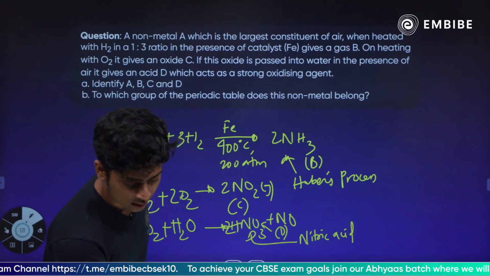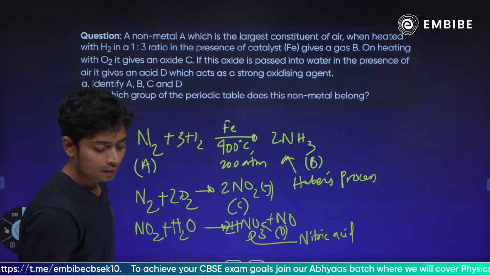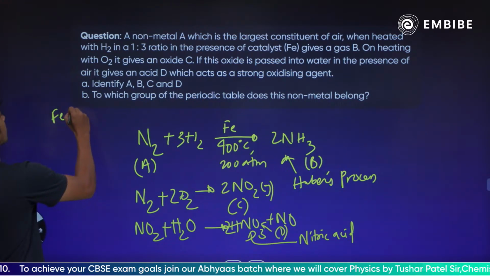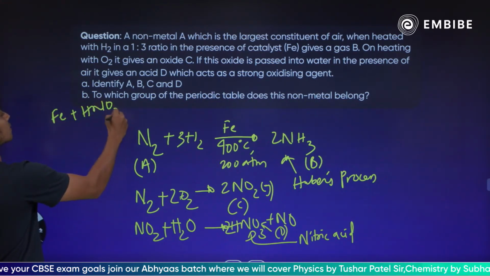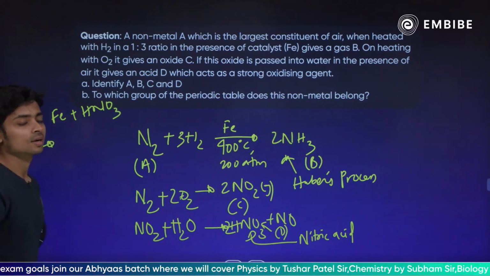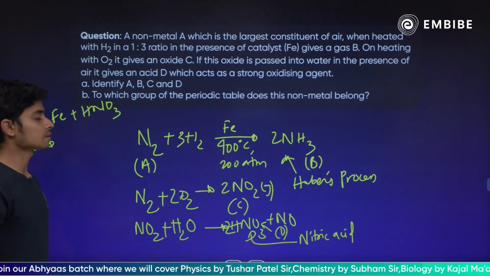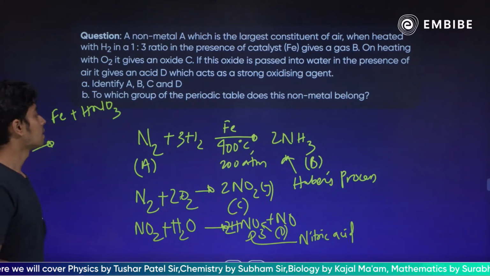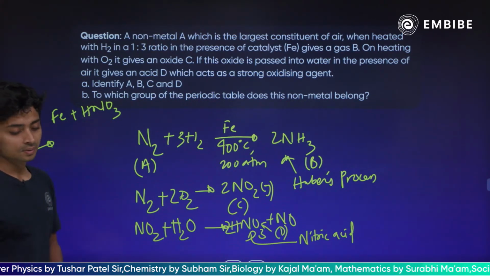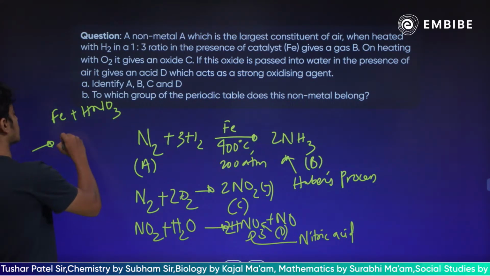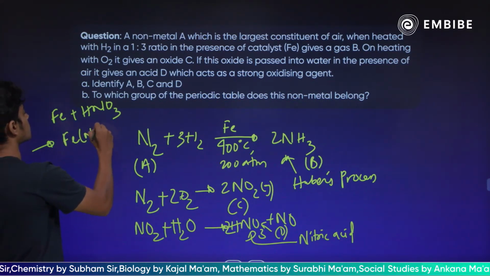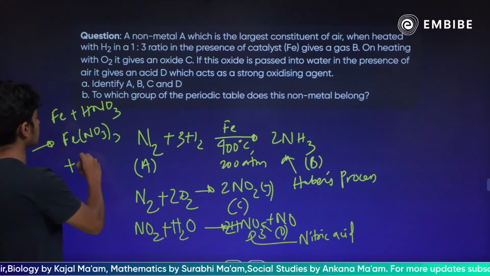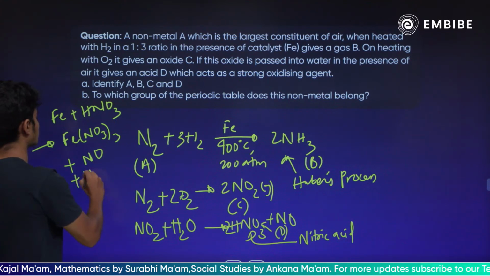Nitric acid is an oxidizing agent. How? When iron and nitric acid react, it doesn't give H2 gas. What happens is that the H2 gas, because of the presence of nitric acid, oxidizes itself to water. That's why you don't get hydrogen gas when iron and nitric acid react. So you get ferric nitrate, Fe(NO3)3, plus some nitrogen monoxide, plus water.